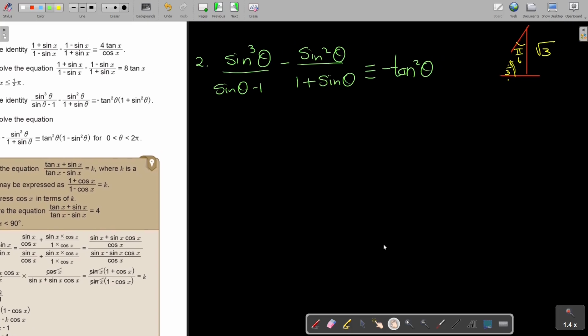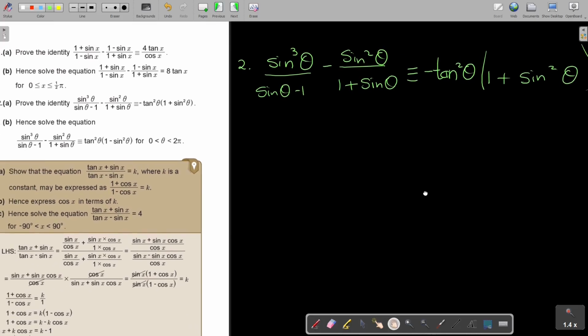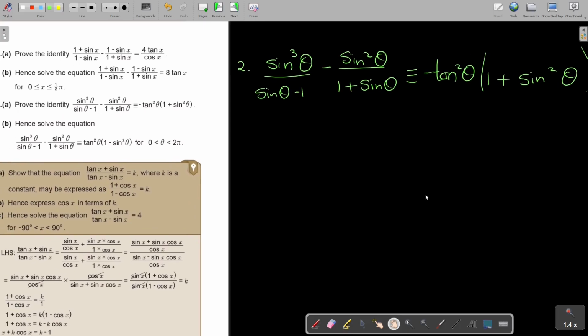I think we're going to use the special angles again, but for now, let's just clean it. Okay, so it's going to be 1 plus sin square theta. So basically, I'm going to start again with my left-hand side. Okay, we can go to blue.